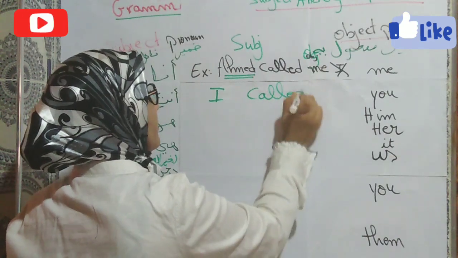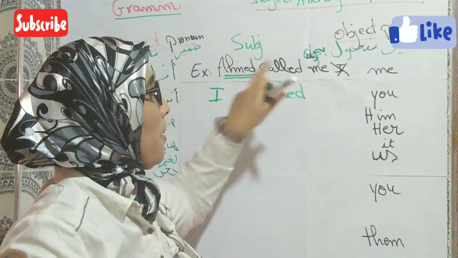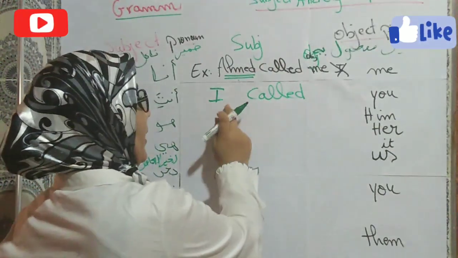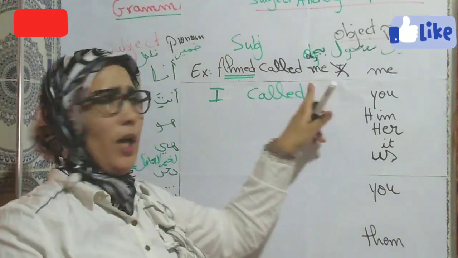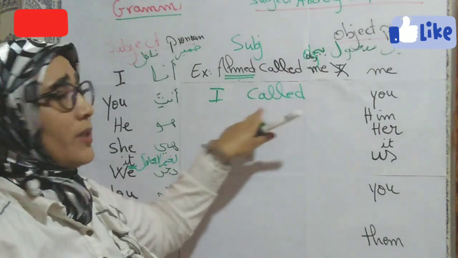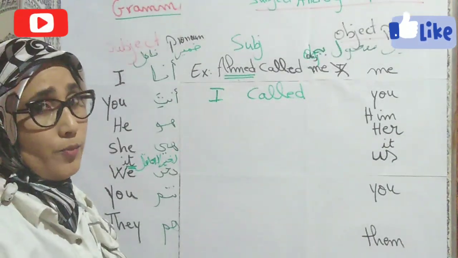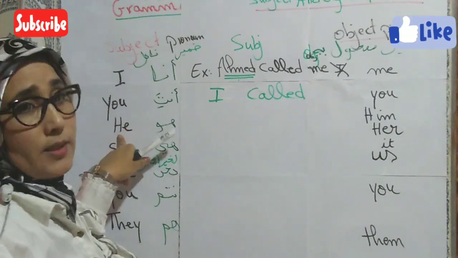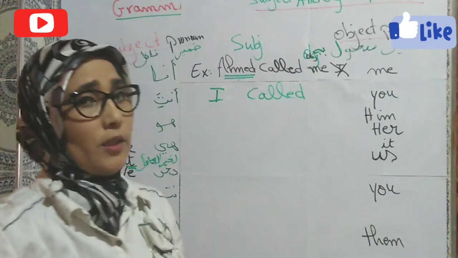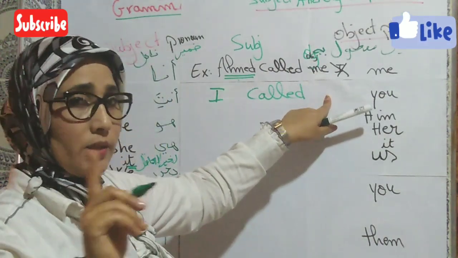called, and we want to change now this name by a pronoun. What can we say? I called. Ahmed is which pronoun? It's he. Can we say I called he? Of course no, it's impossible, because he is a subject pronoun, and here again we need an object pronoun. يعني نحتاج هنا مفعول به وليس فاعل.